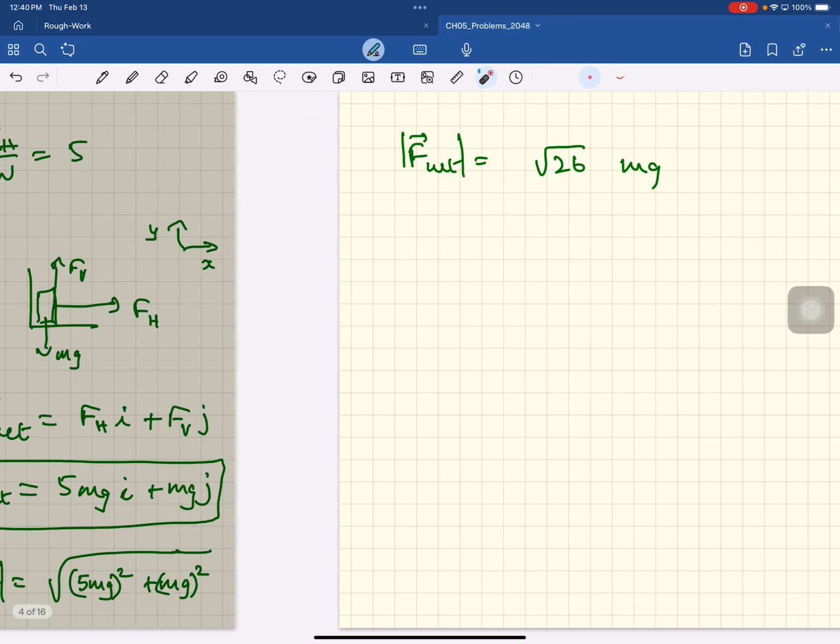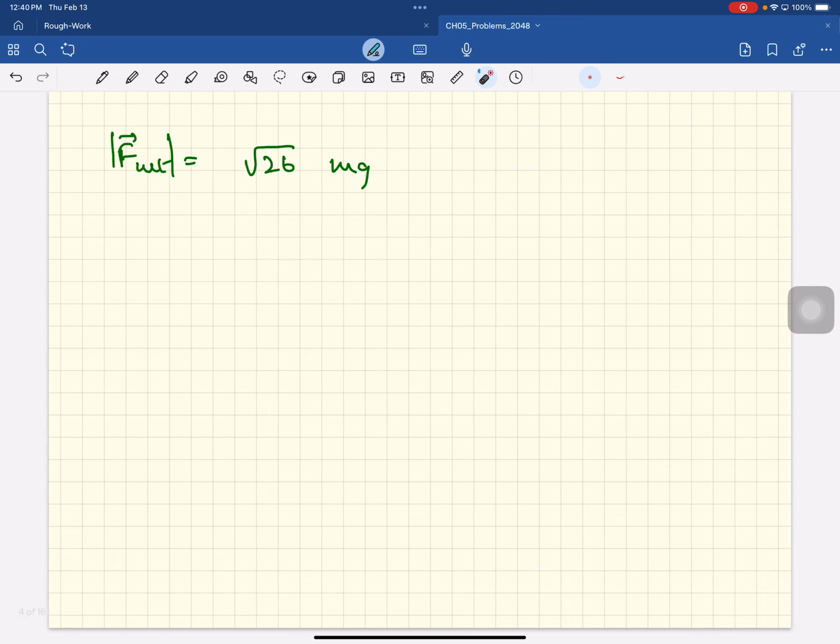So the magnitude of the force is the square root of 26 mg, so 5.1 mg.